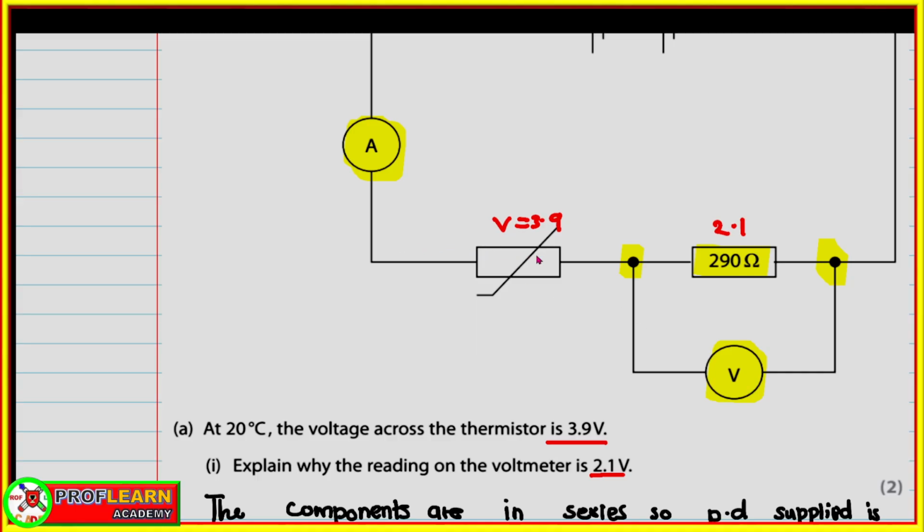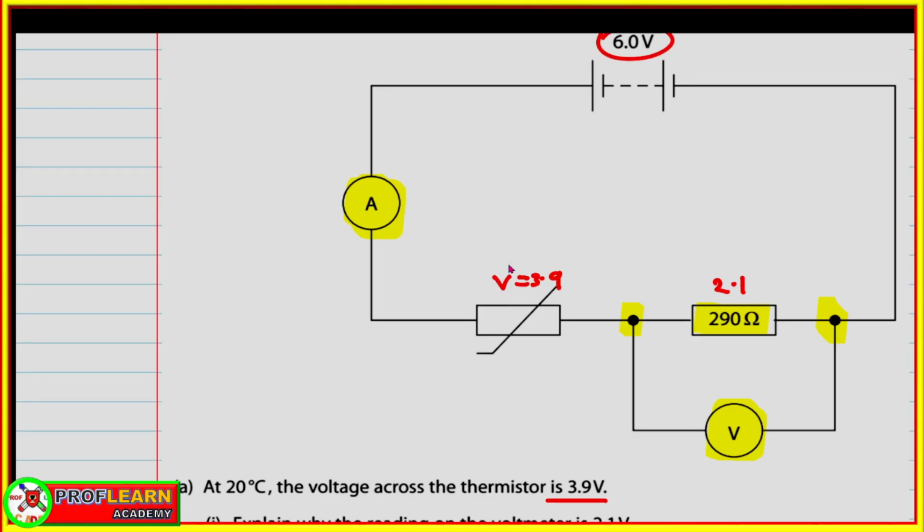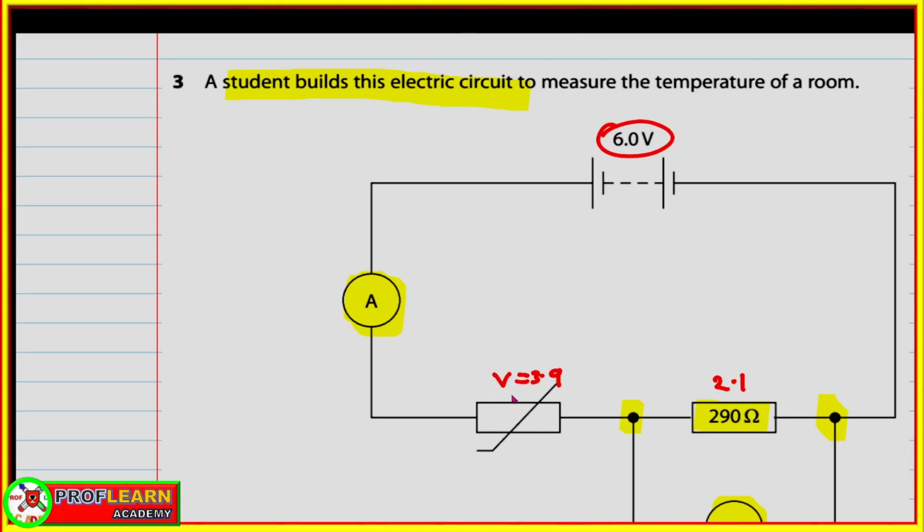So as temperature increases, it means that the resistance of the thermistor decreases. So as resistance decreases, then the potential drop, the PD across the thermistor, is going to go down.